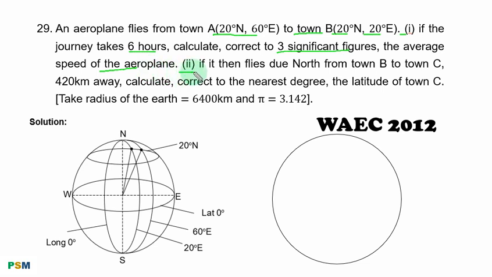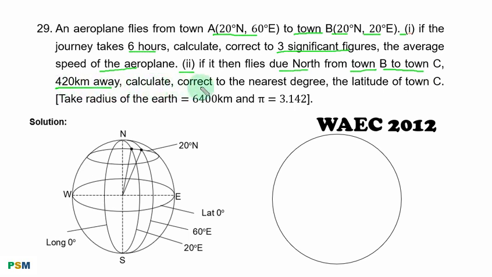Roman figure 2. If it then flies due north from town B to town C, 420 kilometers away.